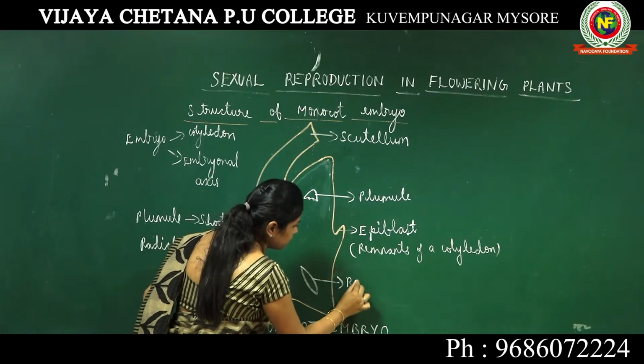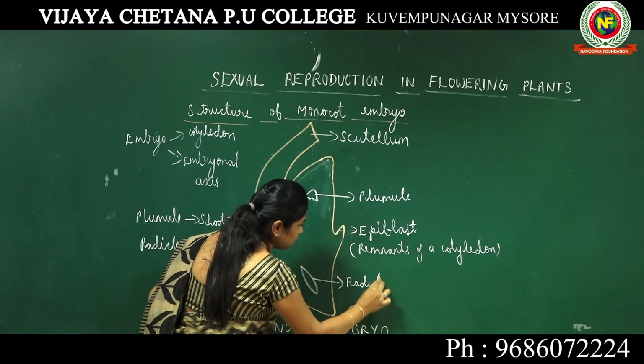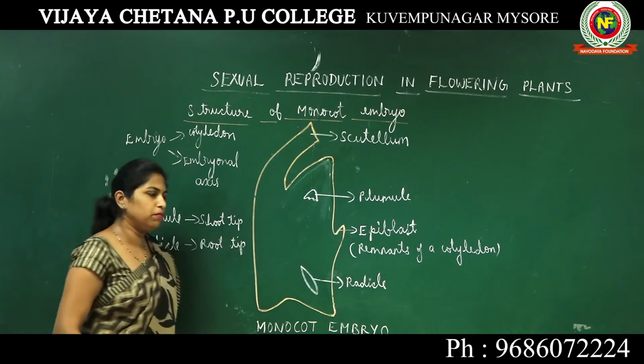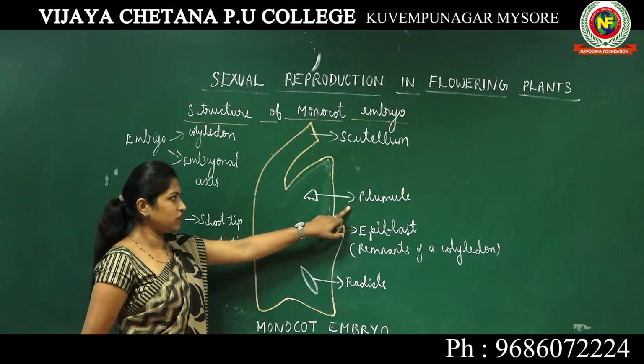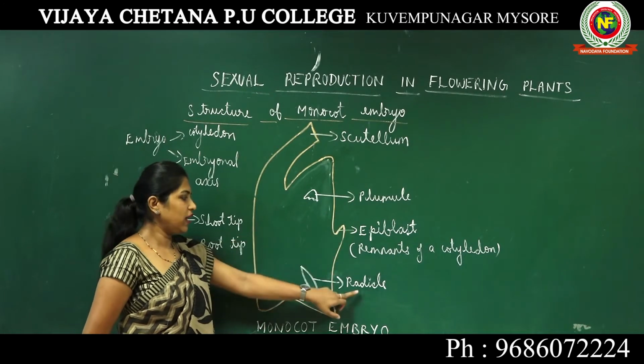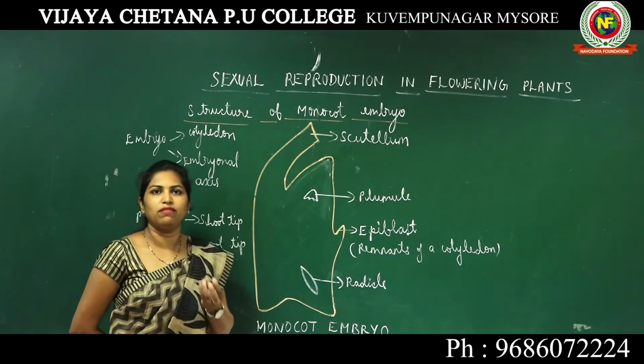In this part of the embryo, we have the structure known as radicle. So this gives rise to shoot tip and this gives rise to root tip in a developing plant.